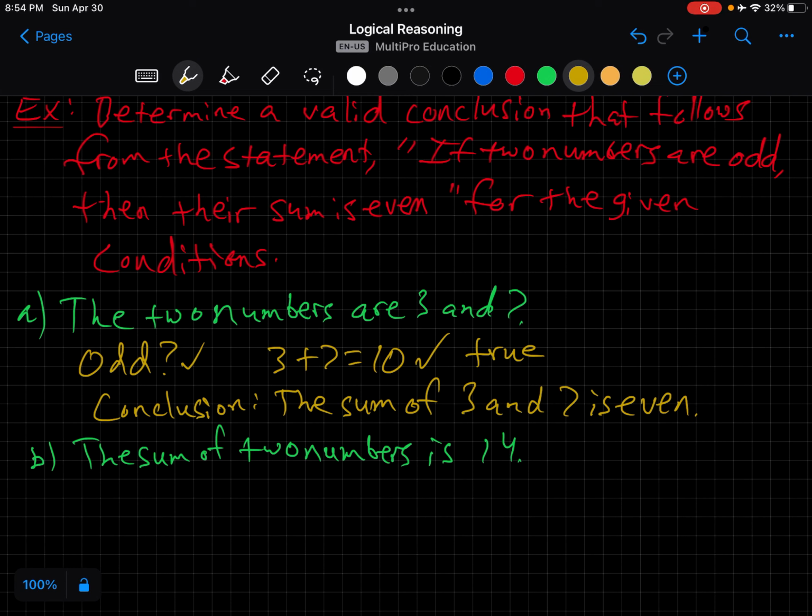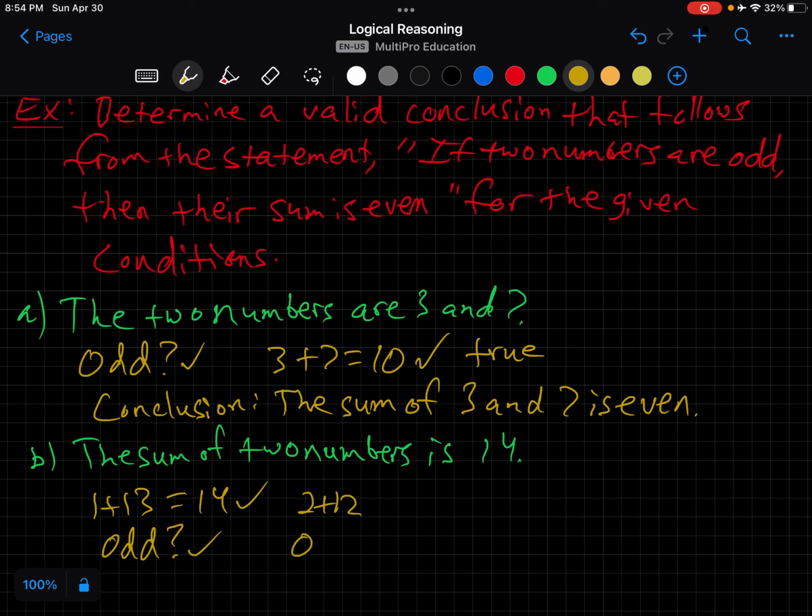Let's pick the first couple numbers to add up to 14. Let's say 1 and 13. 1 is odd and 13 is odd, so that passes, and this equals 14, so that passes. Okay, but it didn't say it was 1 and 13, it just said the sum of two numbers is 14. So let's try two more numbers.